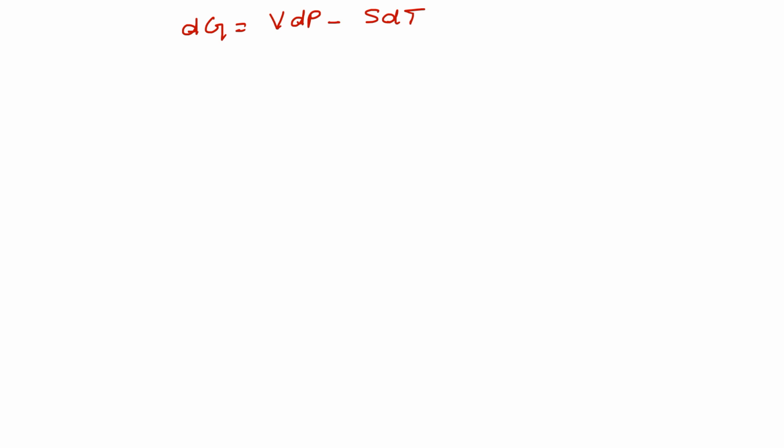Let me quickly review how we get it. It's known from elementary thermodynamics that G is equal to H minus TS, where G is the Gibbs free energy, H is the enthalpy, T is the absolute temperature, and S is the entropy.